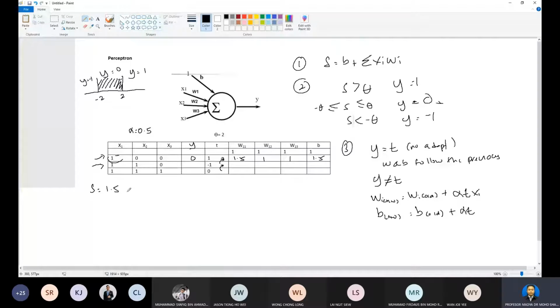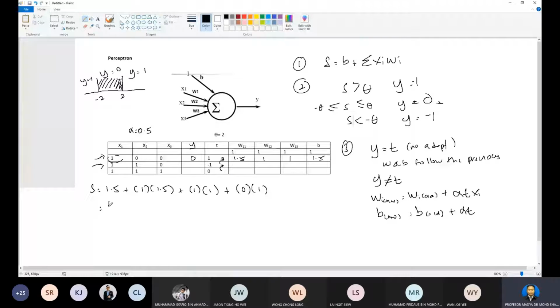Then x1 is 1, and weight 1 is also changed to 1.5, plus x2 is 1 and weight 2 is 1, plus x3 is 0 and weight 3 is 1. So 1.5 plus 1.5 is 3, plus 1.5, plus 1, so S equals 4.